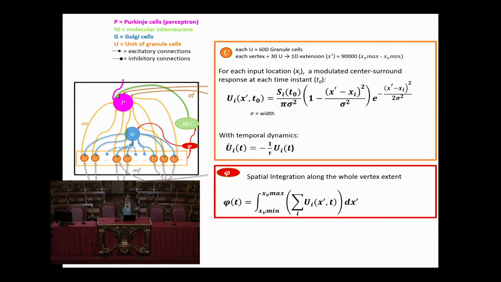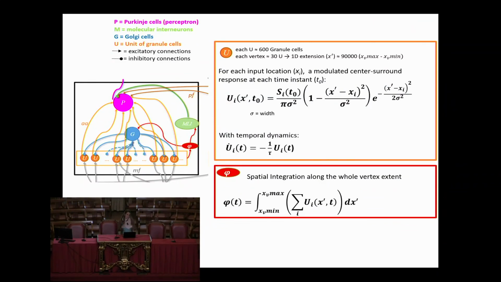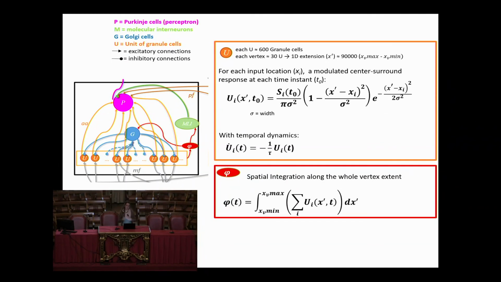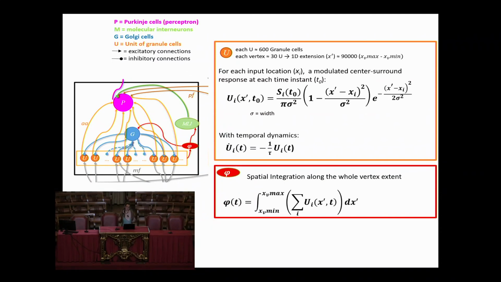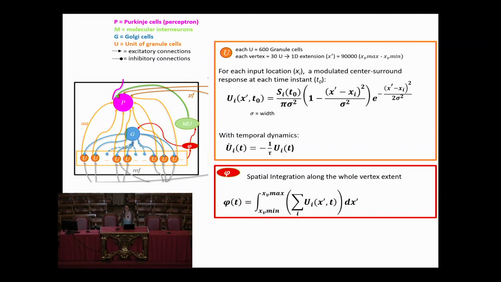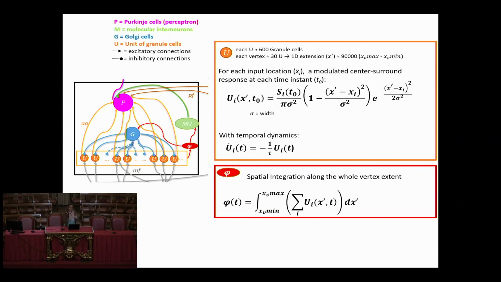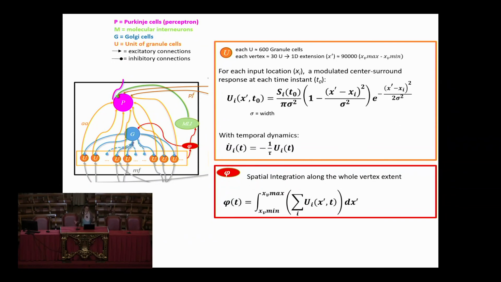So we need to create a system of equations that tries to keep the dynamic properties of these features, so spatial and temporal properties. We have units representing a granular layer, which works as a center-surround spatial kernel with a temporal dynamics, of course. So we have written an equation of a Mexican hat reproducing a center-surround shape and a classical differential equation with temporal decay.